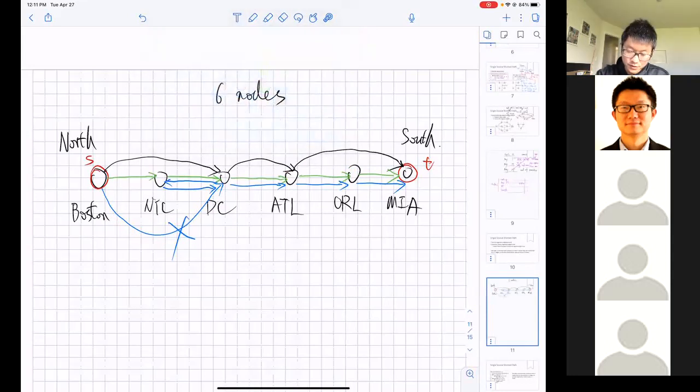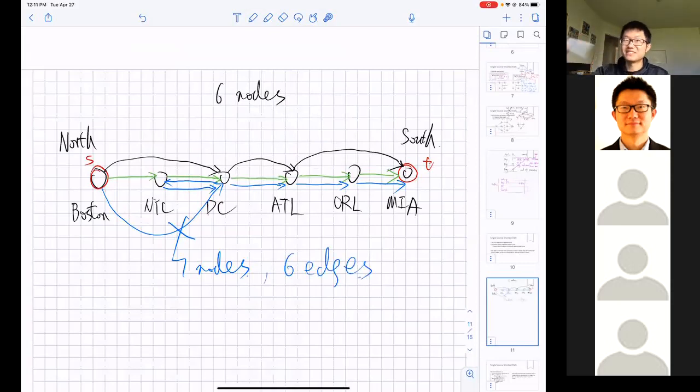If we start with one node at Boston, and then we come to DC, 2, 3, go back to DC again, 4, 5, 6, 7. So the blue path travels 7 nodes, and to connect these 7 nodes, there are how many edges? 1, 2, 3, 4, 5, 6. There are 6 edges.